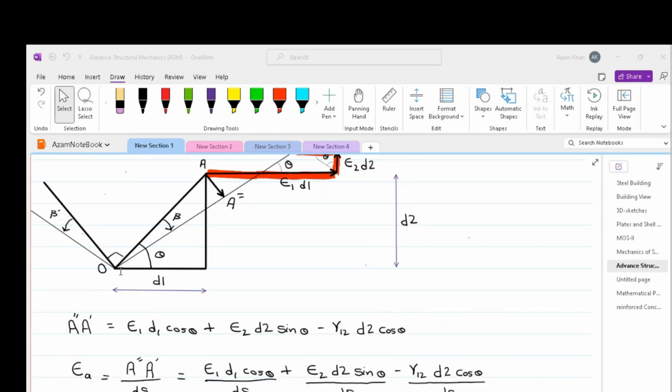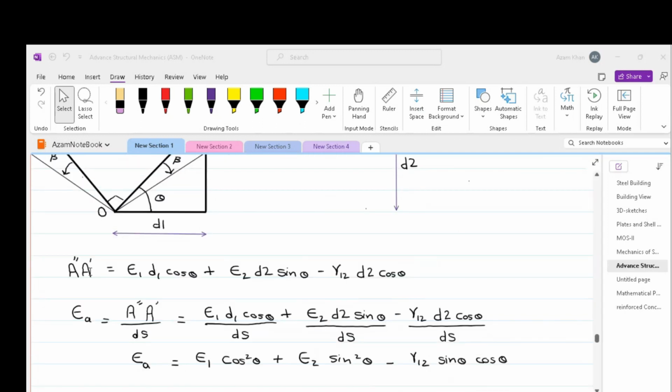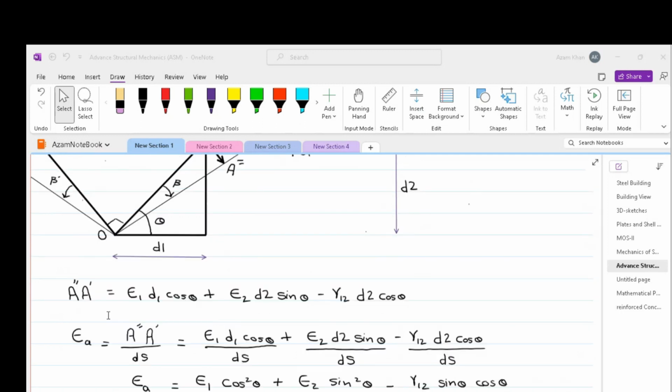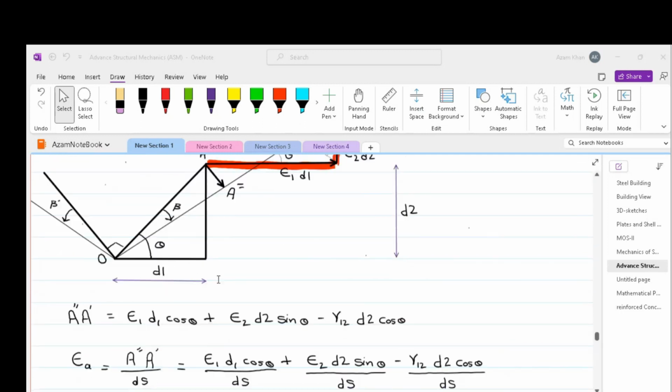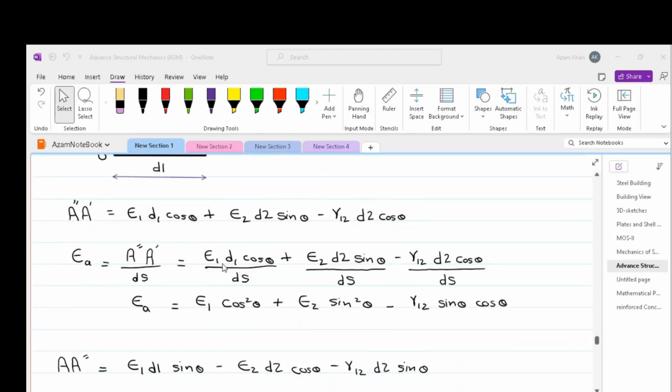If we assume that OA is equal to ds, or in other words, the length of OA is equal to ds, and divide A double dash A dash by ds, we will get the extension of OA, which is equal to strain 1 d1 cos theta by ds, plus strain 2 d2 sine theta by ds, minus gamma 12 d2 cos theta by ds.